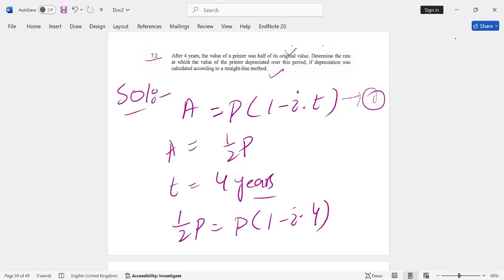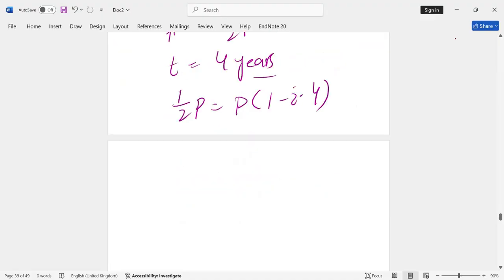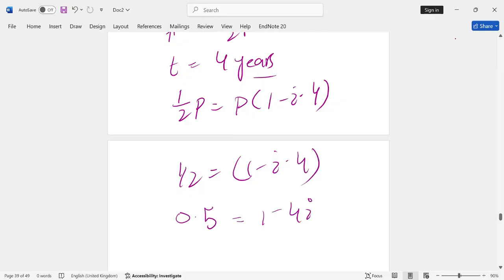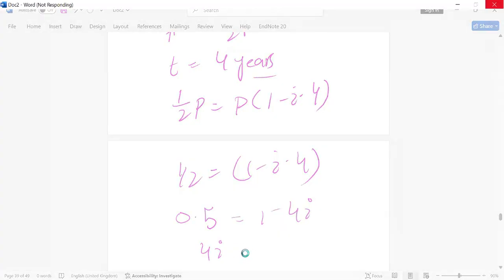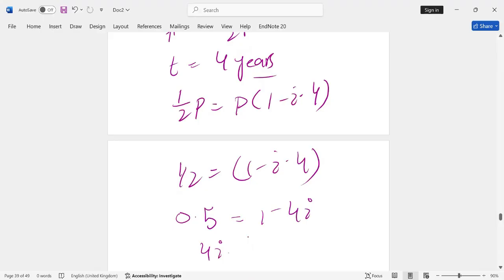What we get is 1 by 2 equals 1 minus 4i, and I can write this as 0.5 equals 1 minus 4i. Okay, so I'm taking all the values on one side: 4i minus 1 plus 0.5 equals 0.